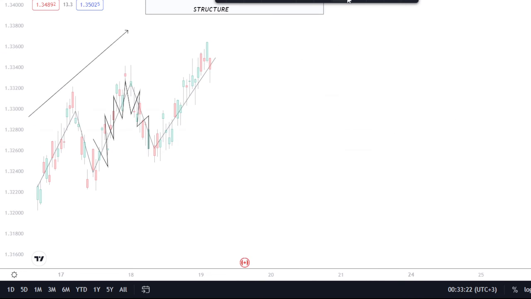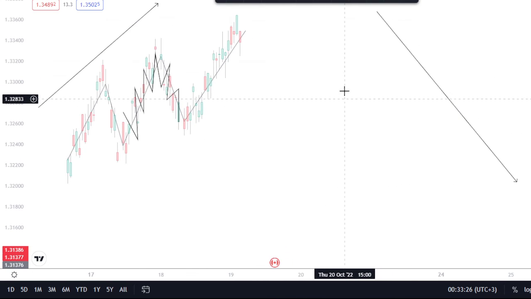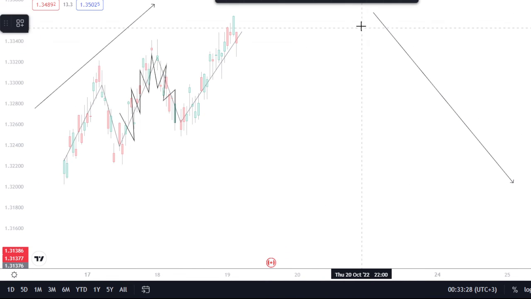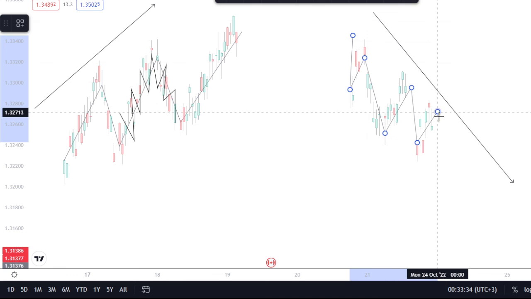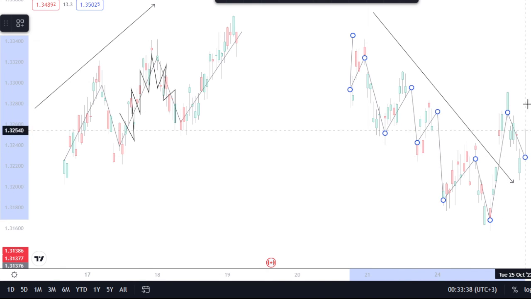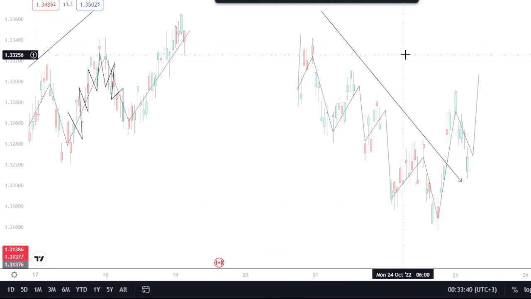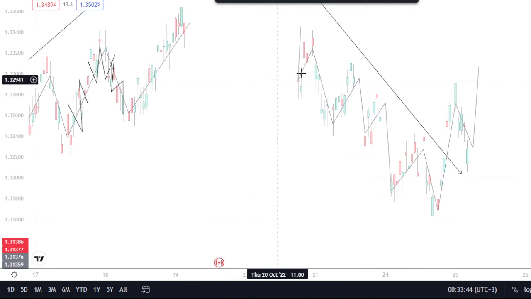At the same time, on the downtrend, if the market is trailing down, you use the same thing: low, high, low, high, low, high. It just depends. The market can move the way it wants, but you have to interpret what it's doing.